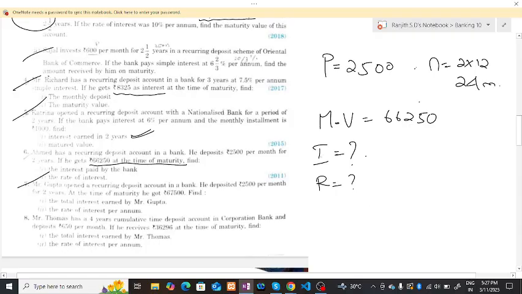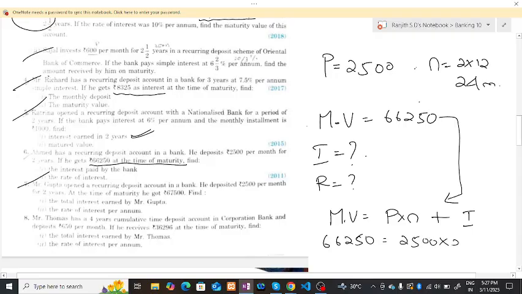Here, whenever maturity value is given, remember to write that formula. What is the MV formula? P into n plus I. Yes, the P value is given, the MV value is given, n is also given.